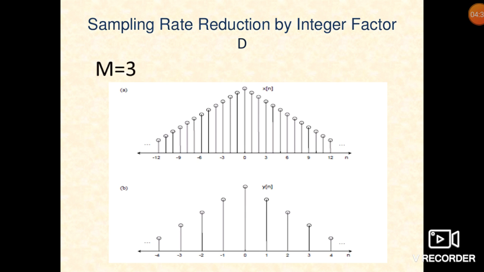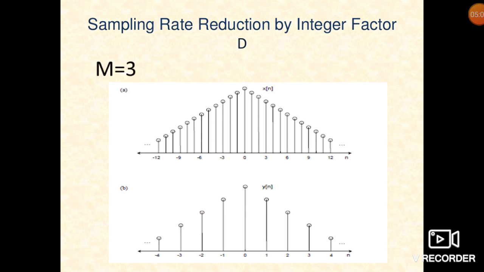As you can closely observe, x of n is the input signal and y of n is the output of the decimation or downsampling. Closely observe the points between x of n and y of n: two samples are missing between each pair of successive samples.